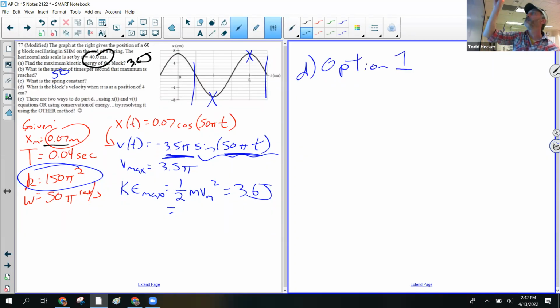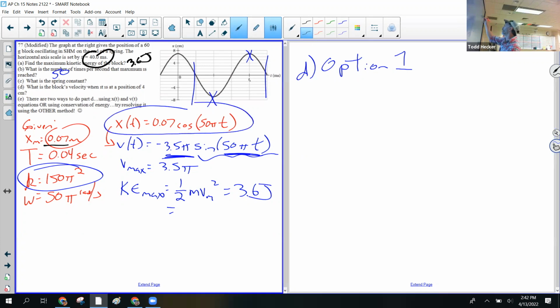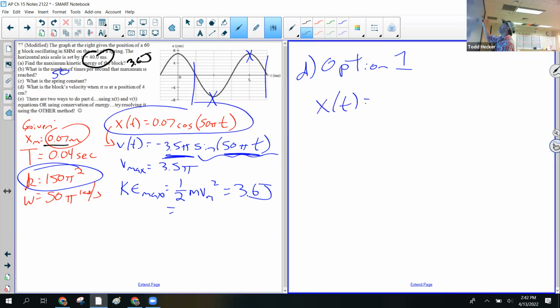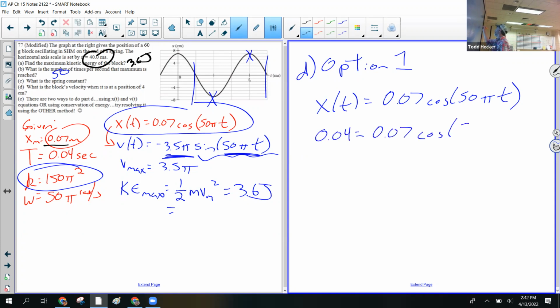Trying to find the velocity when it's at a position of 4. So option one is find the time. We know the position at time t is 0.07 cosine of 50 pi times t. So let's find the time at which the position is 0.04. So 0.04 equals 0.07 cosine of 50 pi times t.